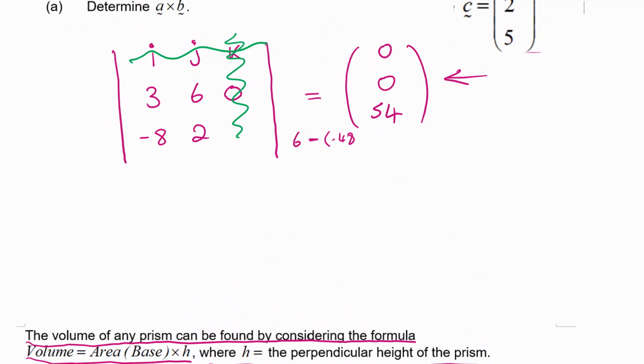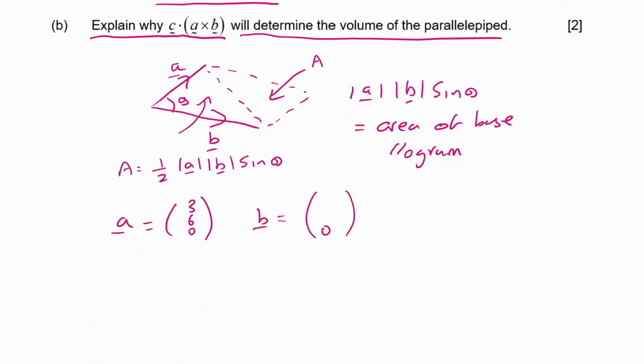So B was -8, 2, 0. So these are in the xy plane. Therefore, the normal is basically k.